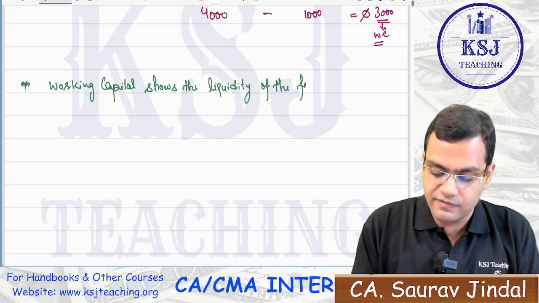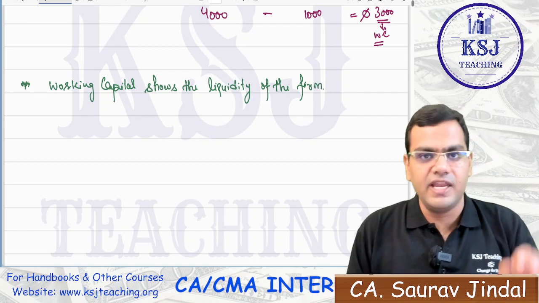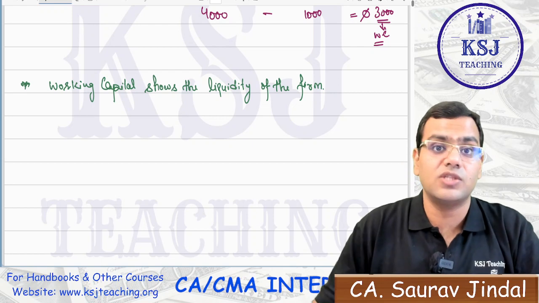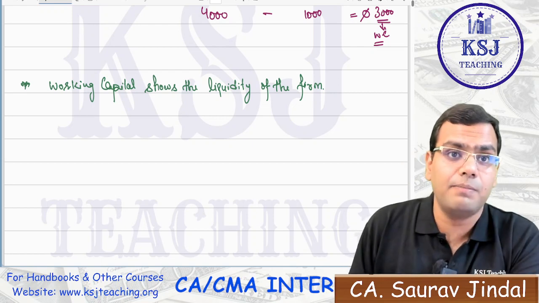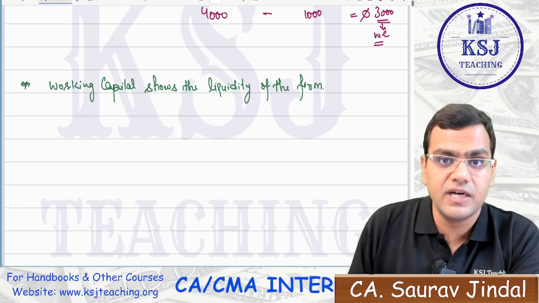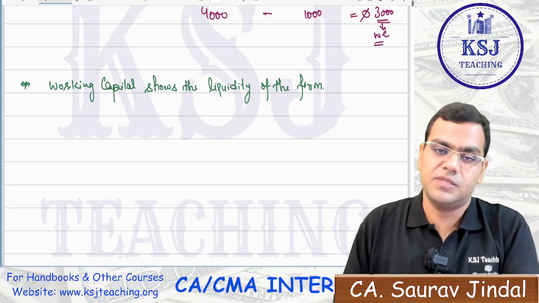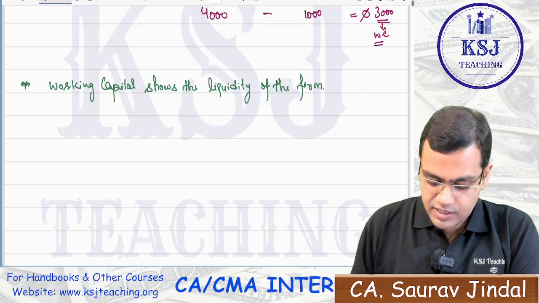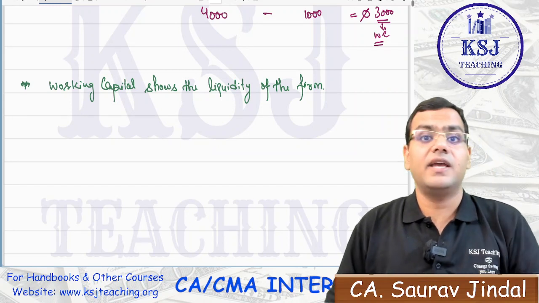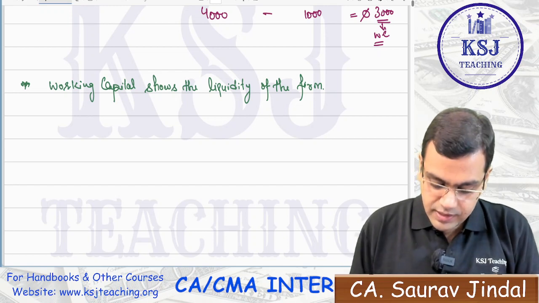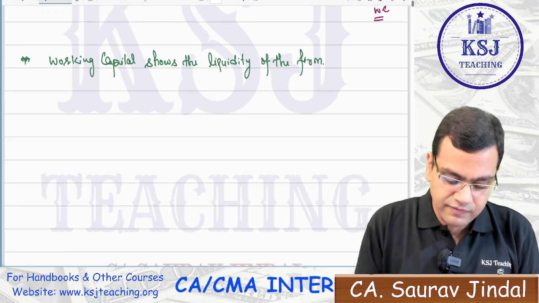Sir, the liquidity of the firm means that in case of any requirement, in case of any emergency, does the company have enough liquid funds to pay off their expenses? Right? More the working capital, more will be the liquidity.